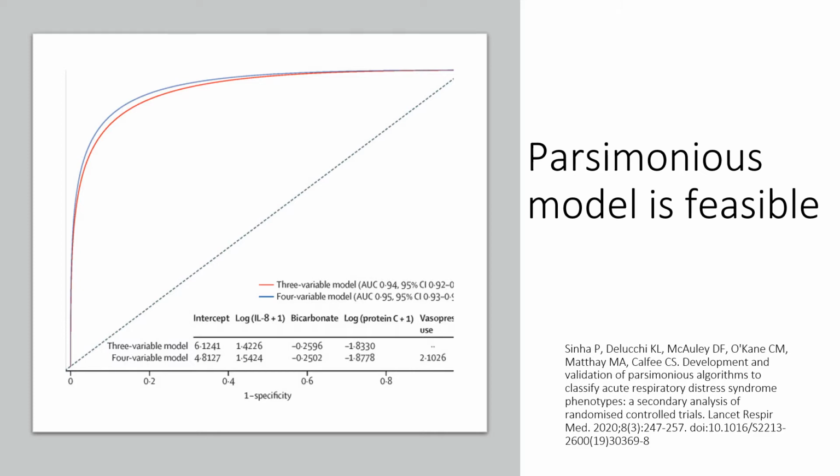However, as it needed a lot of detailed data at the patient level, it was unlikely to be useful at the bedside. Pratik and his colleagues went on to derive a much more parsimonious model, and as the ROC curve illustrates on this slide, they found that using only 3 or 4 variables, they can still discriminate between the two groups with sufficient precision.